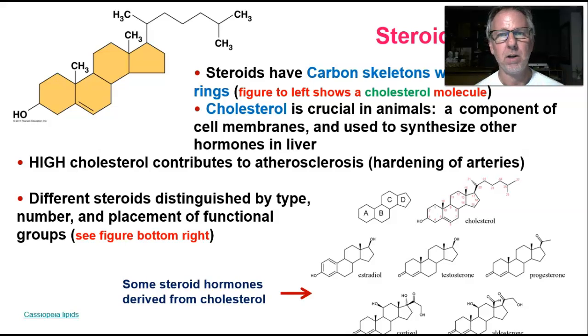Not only is cholesterol a component of cell membranes, interspersed among the phospholipids, helping the membranes maintain a fluid structure, but cholesterol is also used as a starting point for making hormones in your liver, hormones that are used as messenger molecules in your body to send chemical messages. And that's what hormones are. Hormones are messenger molecules, and they are steroids.